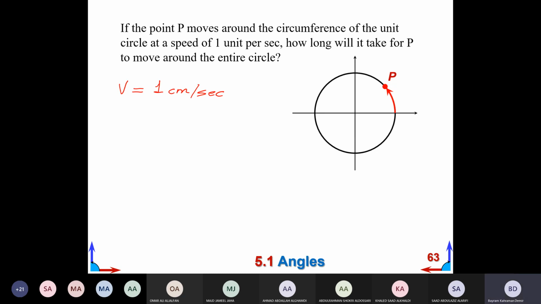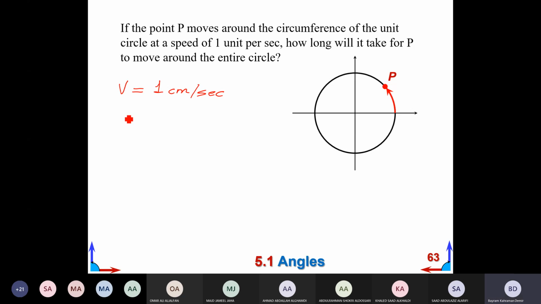How long will it take for the point to move around the entire circle? What is the length of the entire circle, Shabab? 2 pi units, right? 2 pi centimeter, because r is 1, so 2 pi r is 2 pi centimeter.